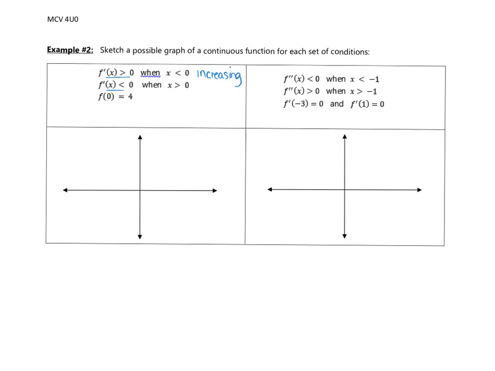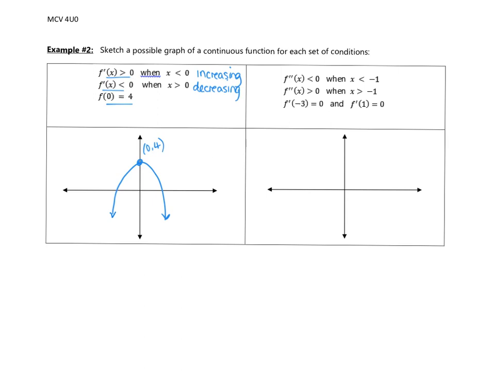And then f prime of x is less than 0. That means the function is decreasing after 0. And they give us this lovely point here, (0, 4). So here's the point (0, 4). And we know a function is increasing up until that point and then decreasing. And sometimes there are different options, but hopefully it's just about interpreting the math here.